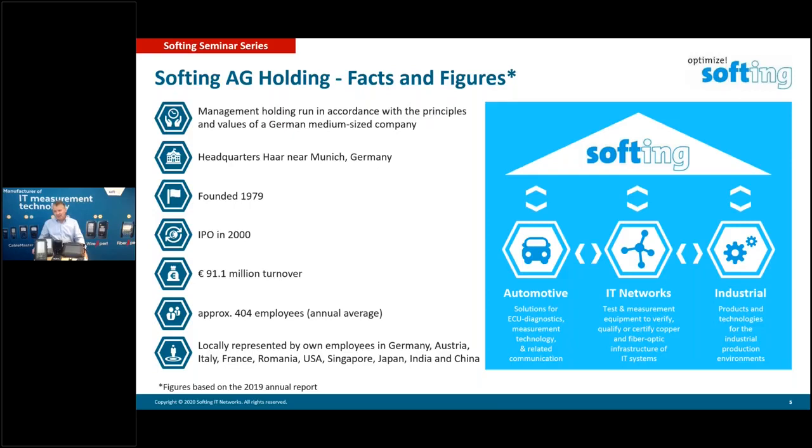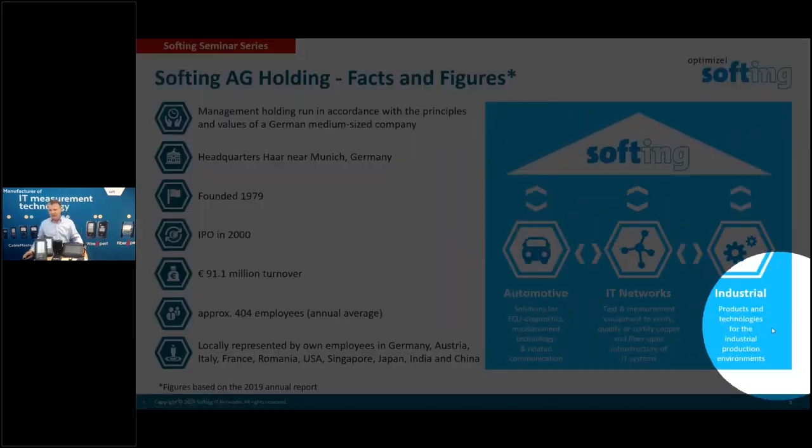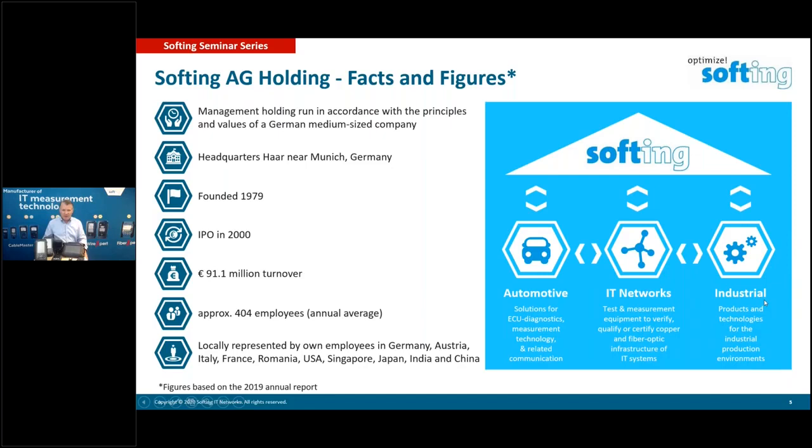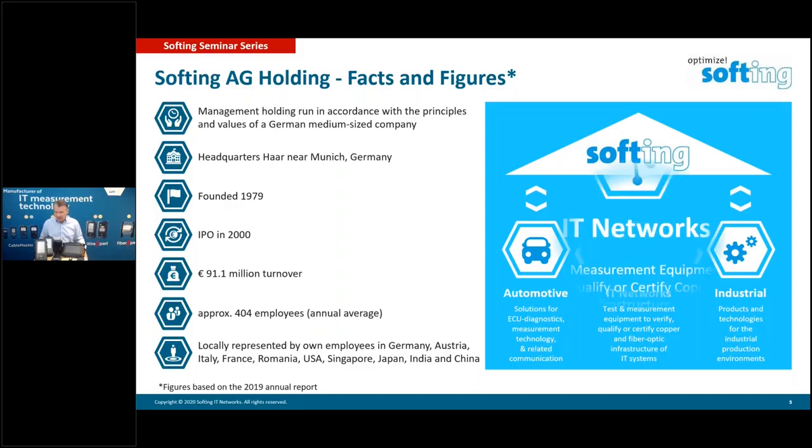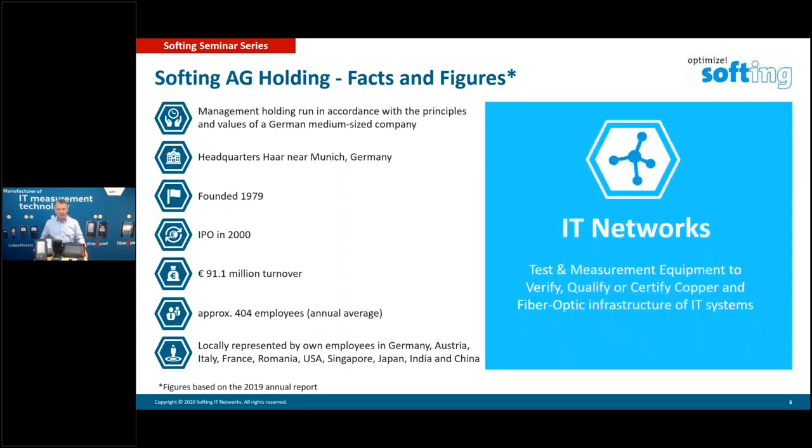On the right here is the industrial automation sector. They cover everything around Industry 4.0. Formerly it was more bus oriented, now it's becoming more Profinet oriented. It covers everything that happens in the industry for manufacturers to measure and to see what happens in the industrial sector. But mainly we are here, the IT Networks division.